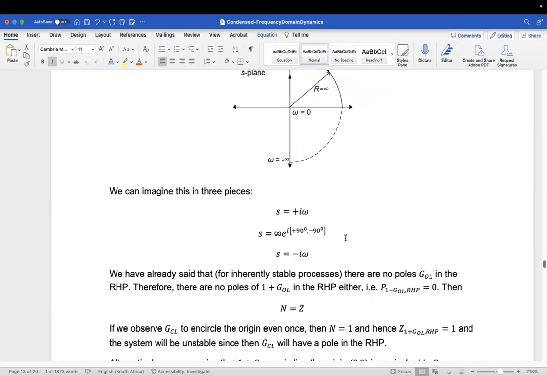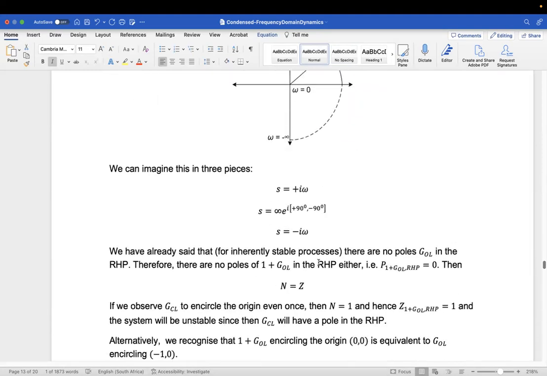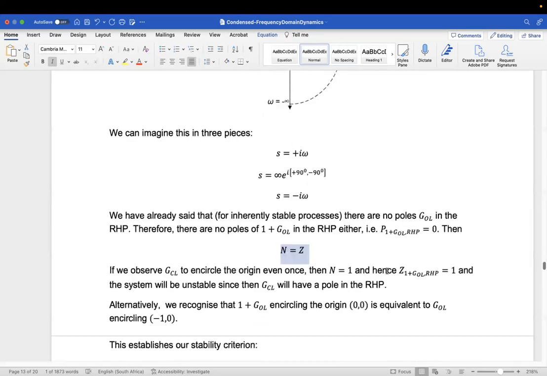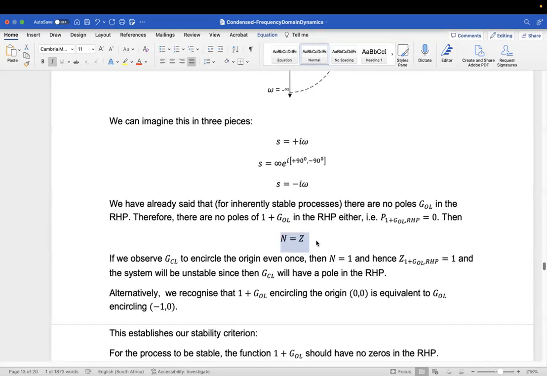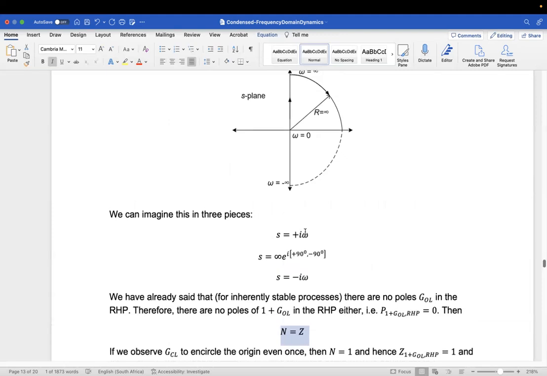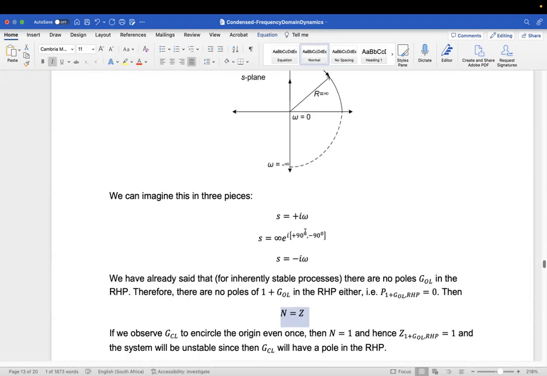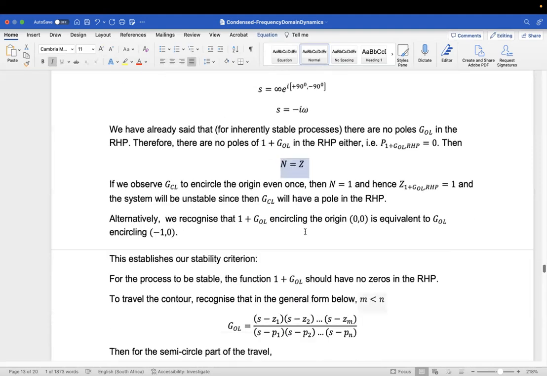So we would like to test that. And so we have established a criterion now, right? We've broken down our contour into these 3 pieces. And so as we travel around there, that's what we're going to look for. We'll look for encirclement, and that will tell us the number of zeros. So this is the basis for the stability check.